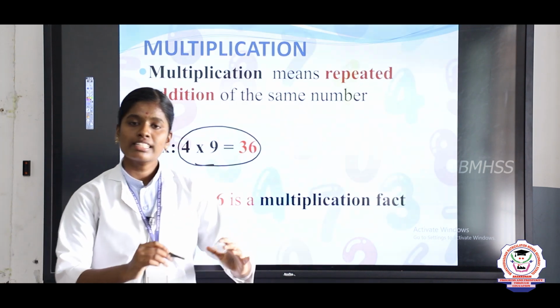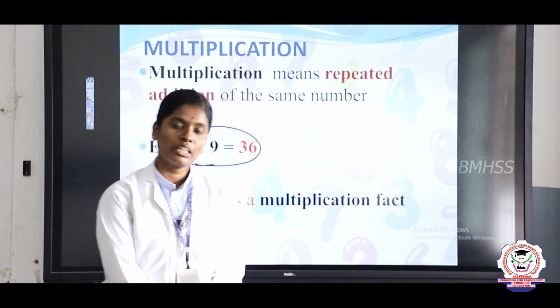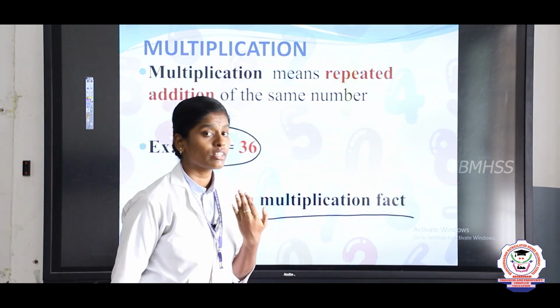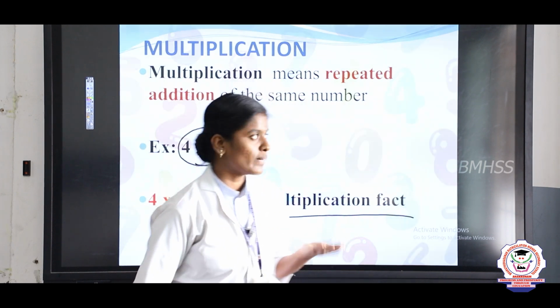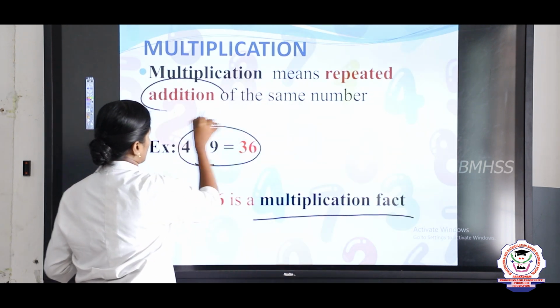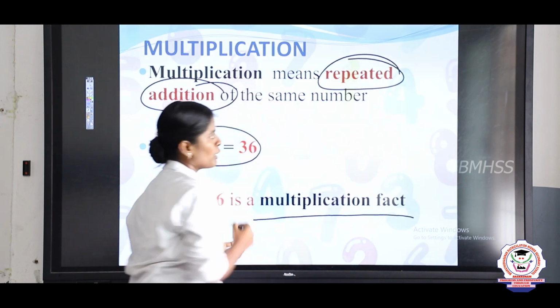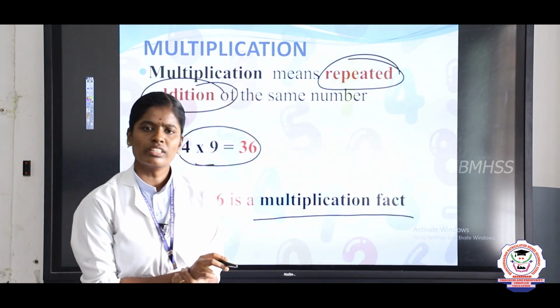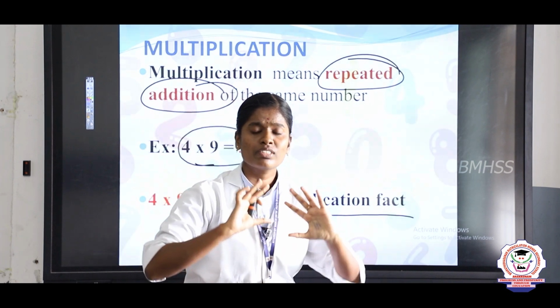Here, 4 9s are 36 is called a multiplication fact. So, what is meant by multiplication? Multiplication means repeated addition. Listen, my children, in multiplication the numbers have some names.